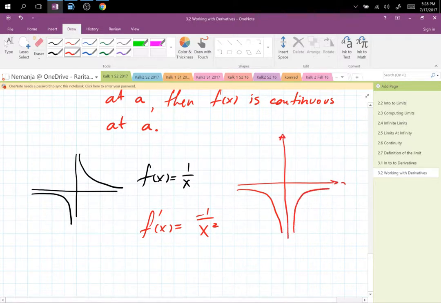So we see that the location of the vertical asymptote remains in the same spot. Now, this is one example. This holds for everything. But the vertical asymptote is preserved at x equal to 0. And we also see that the function was not continuous and not differentiable at 0. And that holds for the derivative as well.